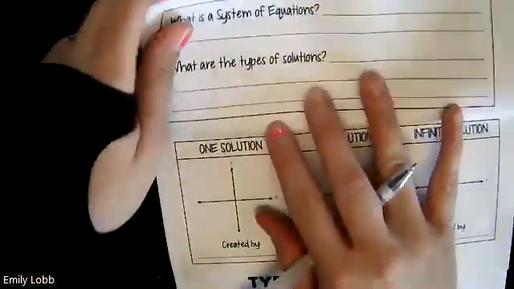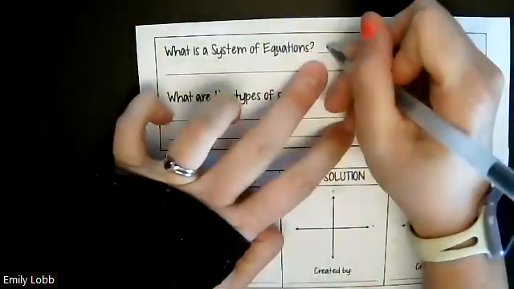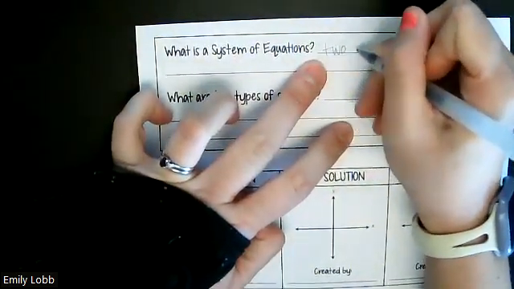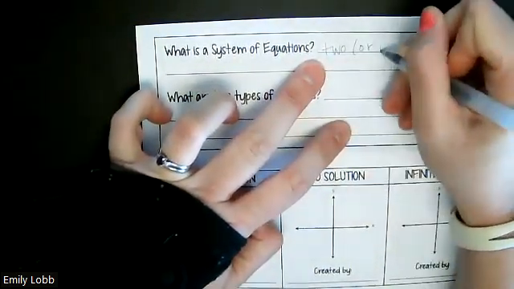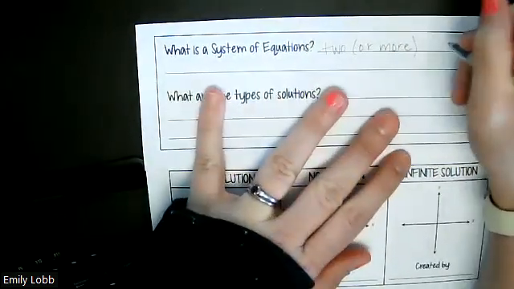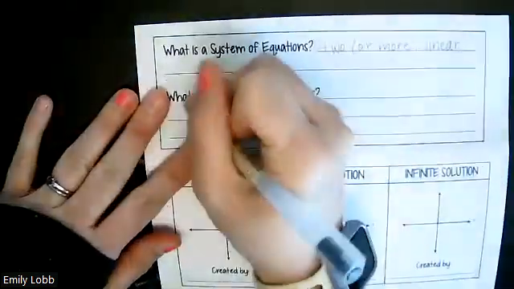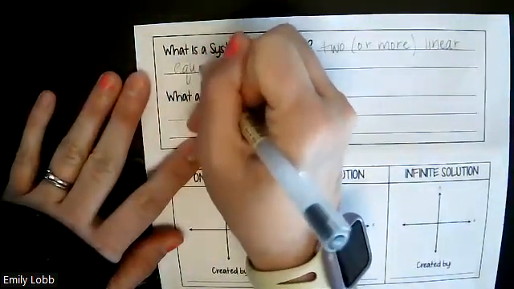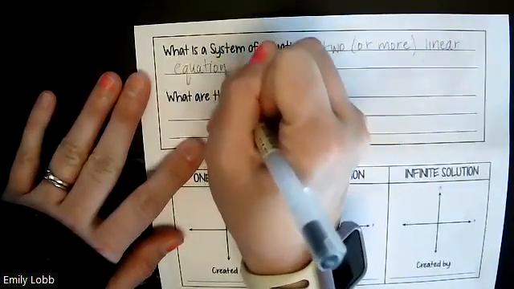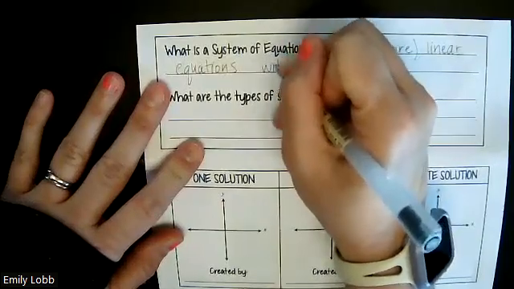So what is a system of equations? This is something we've written a few times, but this is simply 2 or more linear equations with common variables.